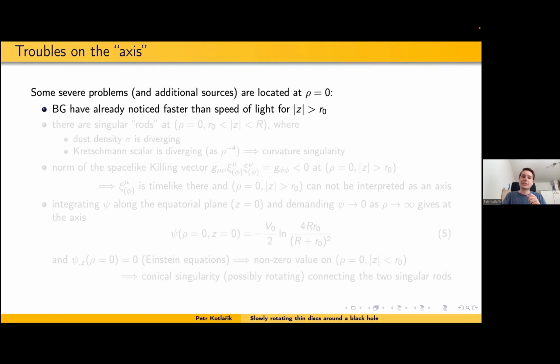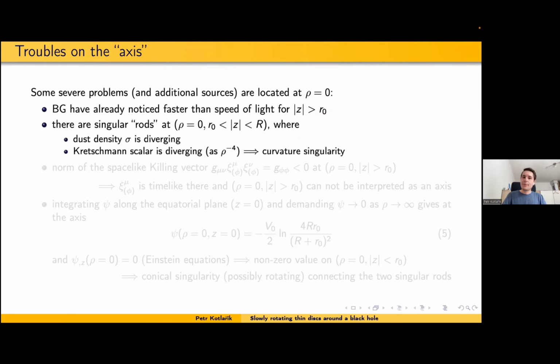Balazs and Grumiller already noticed that there are superluminal velocities of the dust when you are too high on the axis. But there are also additional sources: there are singular rods at rho equals 0 between two values of z, where the density is diverging and also the Kretschmann scalar is diverging. So there is really a curvature singularity.